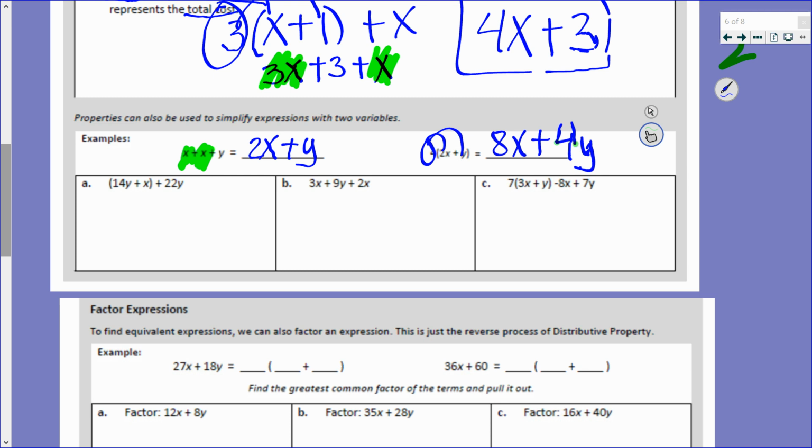Now we have 14y plus x plus 22y. Well, 14y and 22y are like terms. Can I combine them? Yes. So 14y and 22y give me a total of 36y plus that 1x.